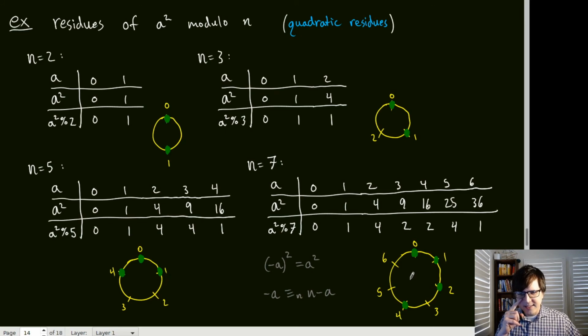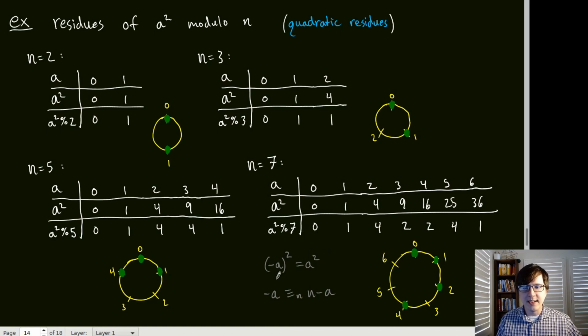Yeah, and so it's a random-seeming pattern, and one goal will be to try to figure out which ones are residues and which ones are not. So one little pattern to notice is, why is it that 2 and 5 are the same number squared? Well, one thing we know from basic algebra is that minus a squared is a squared.